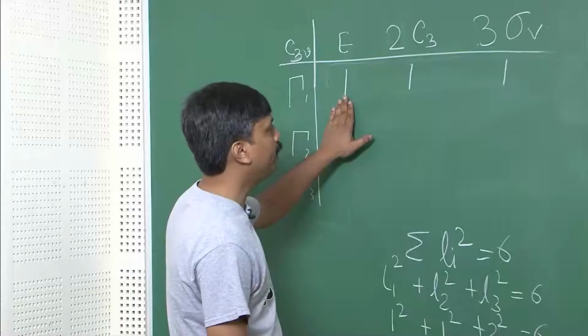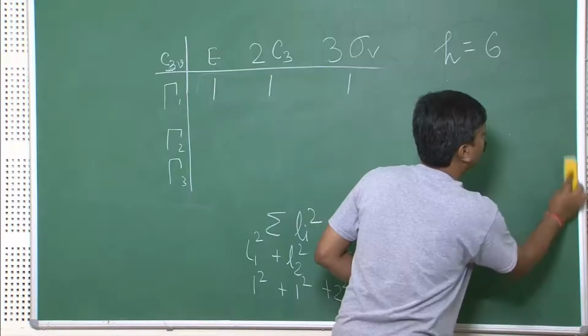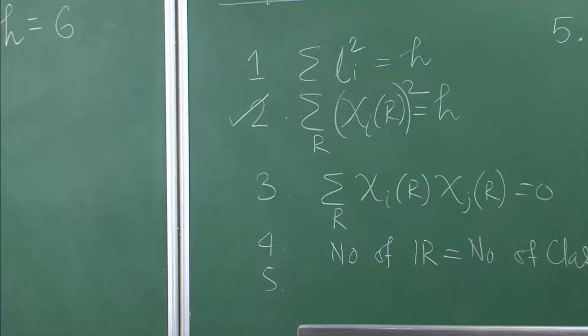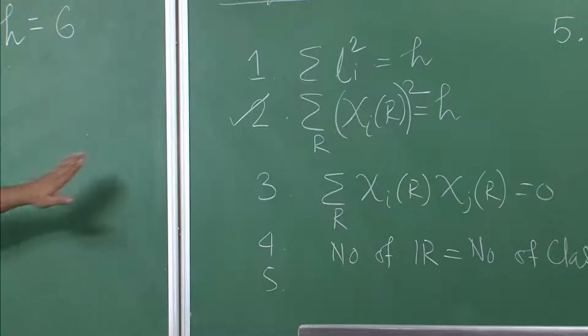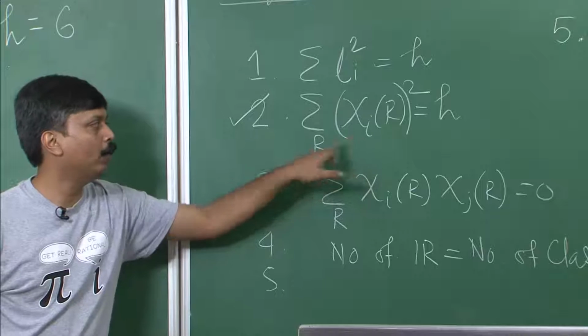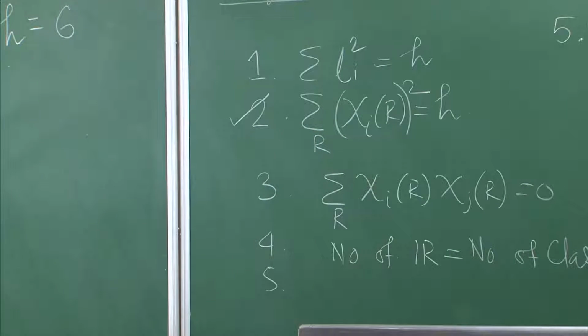We can also verify here that rule 2 is satisfied, that is, the summation of the square of the characters for any ith irreducible representation over all the symmetry operations should be equal to the order of the group.